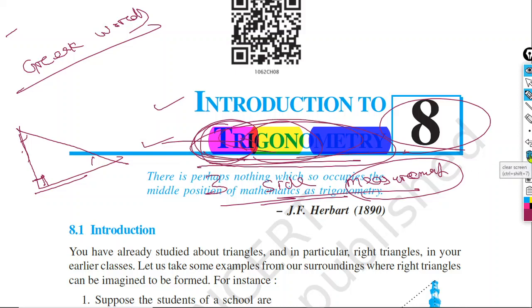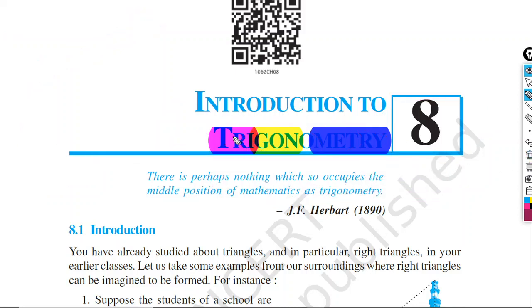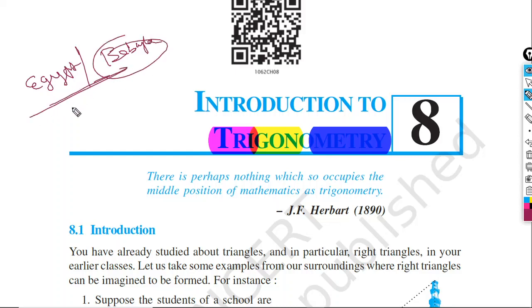So here comes a question: who invented trigonometry? The earliest known use of trigonometry was basically from Egypt and Babylon. So they are the people who were using trigonometry.